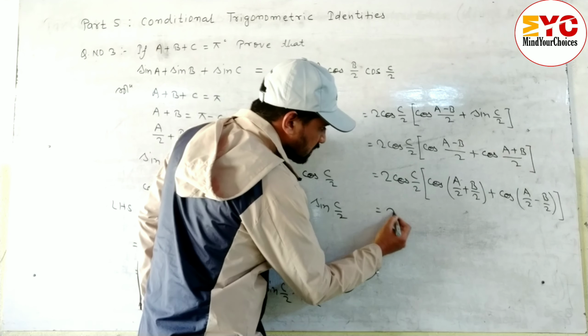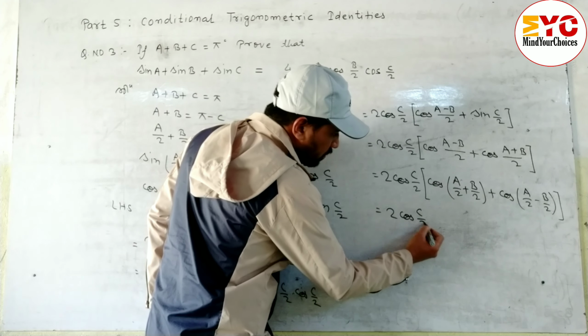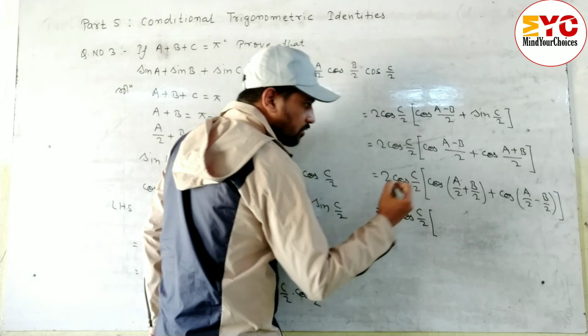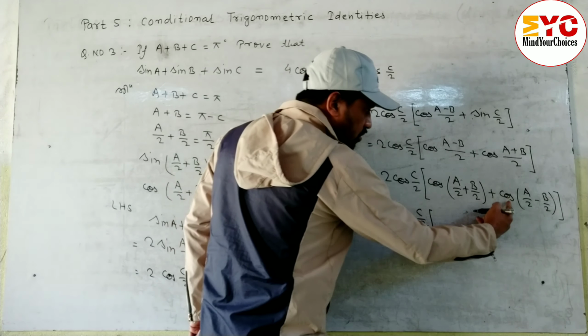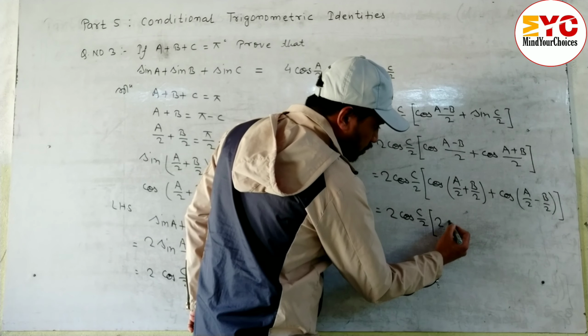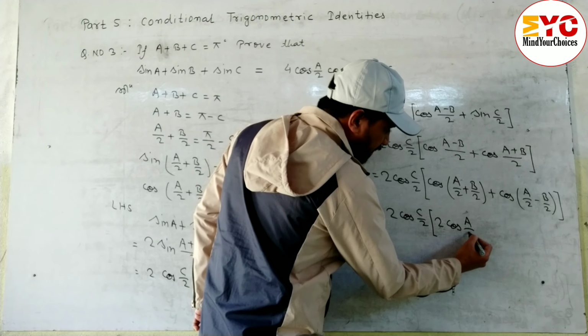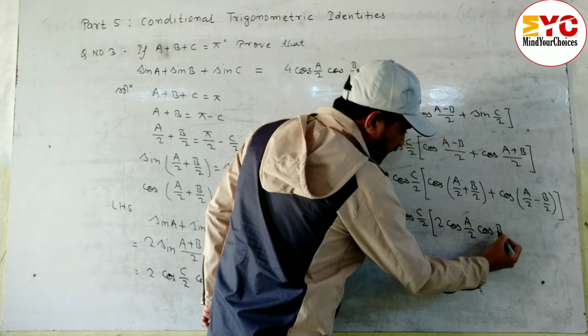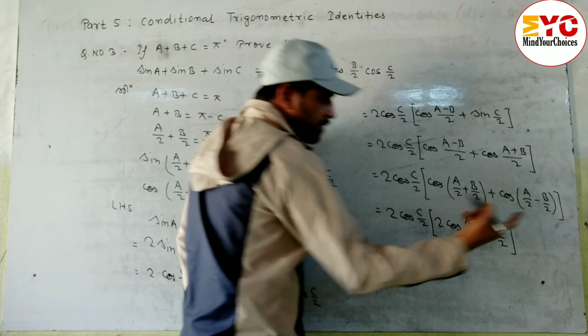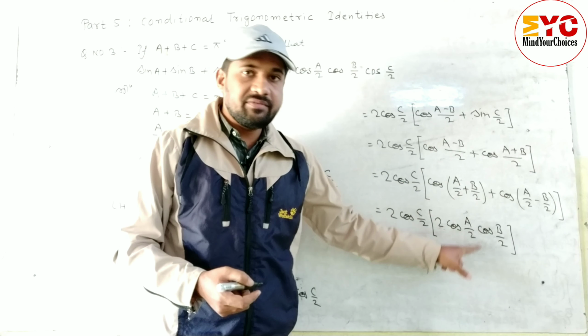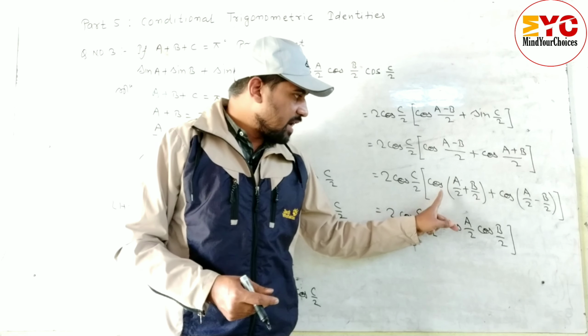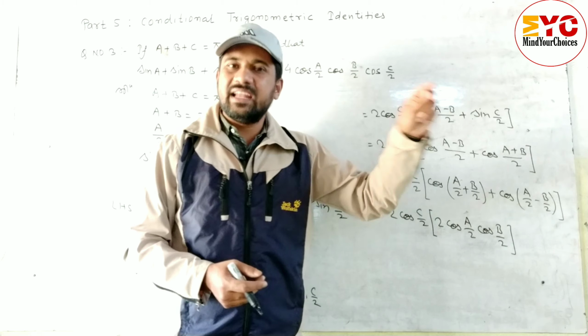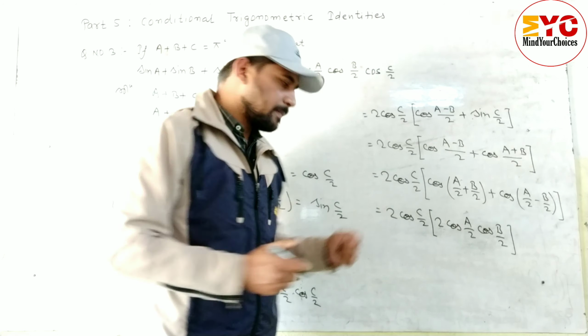I'm going to use the formula which I gave in part 4, and it's easy to use here. If you learn the formula, it is over within one step; otherwise you have to use the cos C + cos D formula and do one or two more steps.